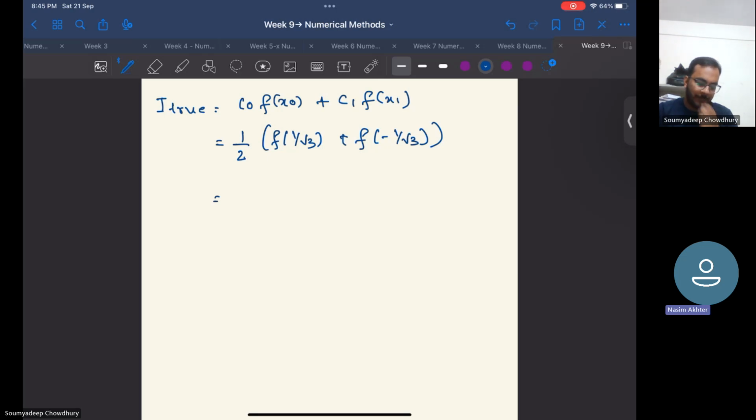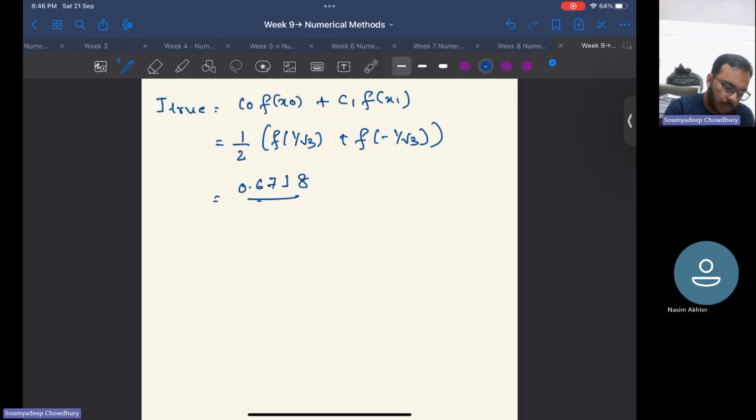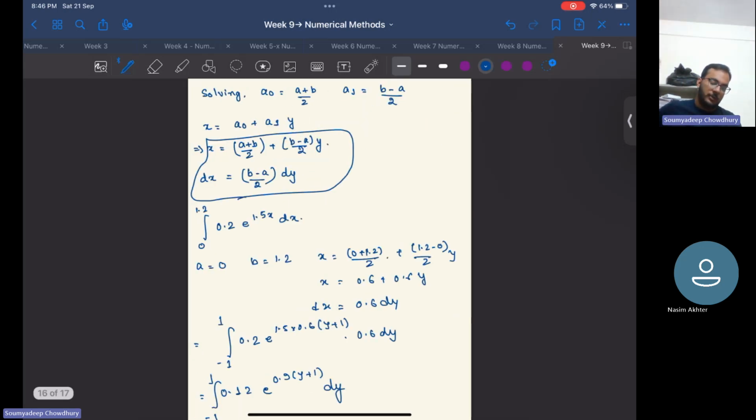Okay, understood. 1.5 by 3. It is around 0.6718. So you can see using Gaussian quadrature also, it is more accurate than your trapezoidal or your Simpson's rule.